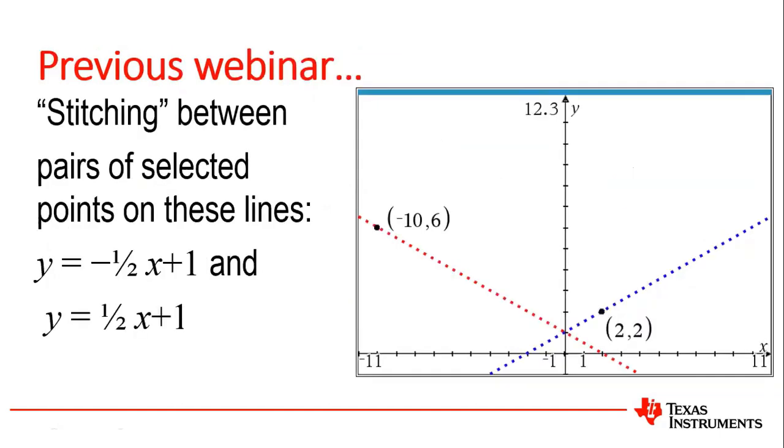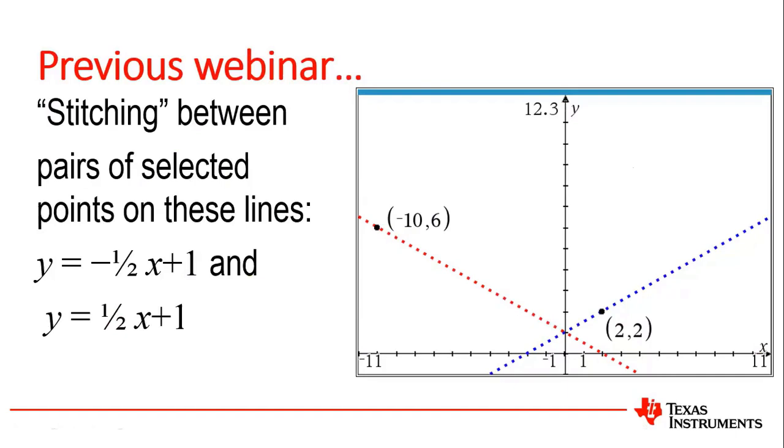Now, in the previous webinar, I didn't use the exact equations from the worksheet. I used ones that were similar. They were lines that had opposite gradients, but were slightly different from the ones that you were asked to do in the worksheet. And here were those equations, negative 1/2 x plus 1 and positive 1/2 x plus 1.